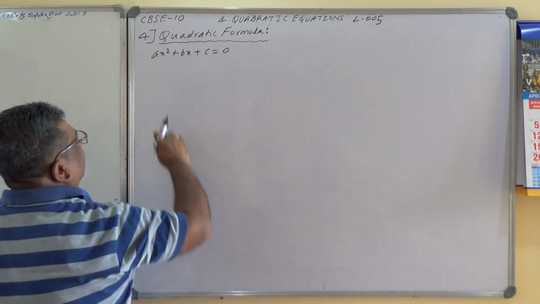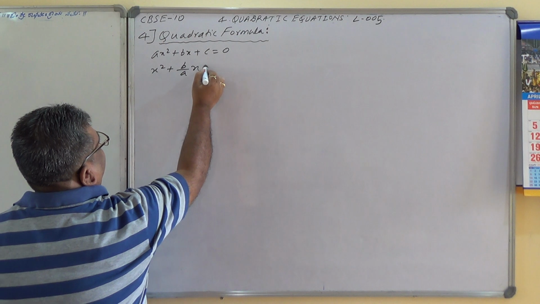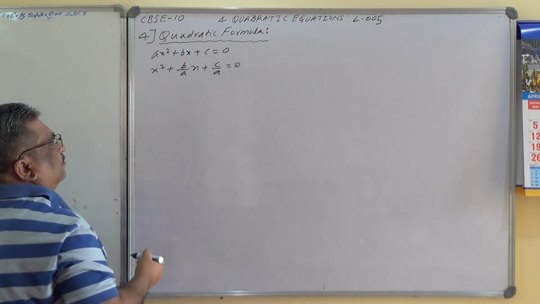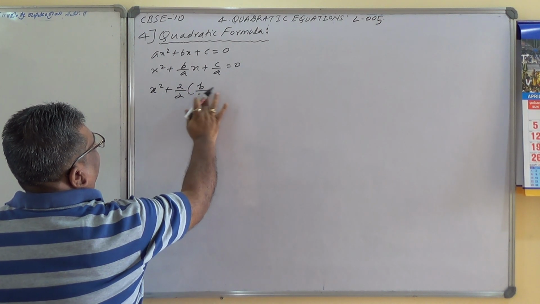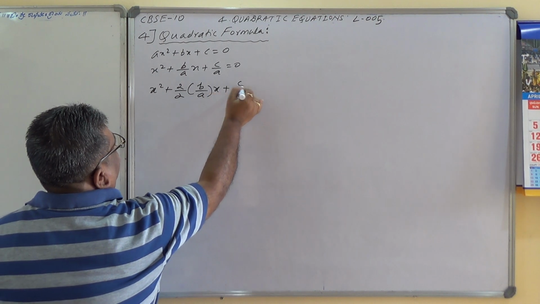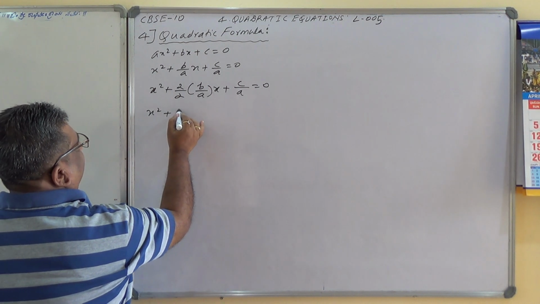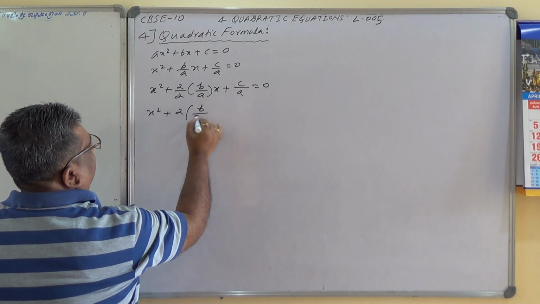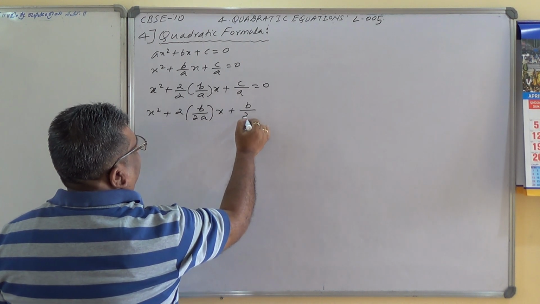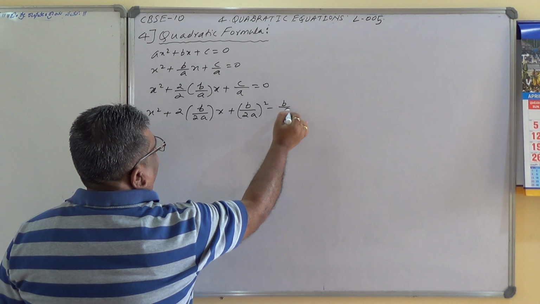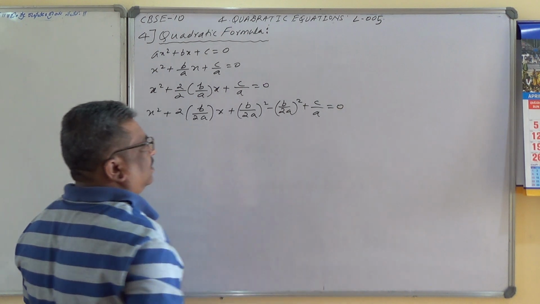Divide the whole equation by the coefficient of x square, that is a: x square plus b by a x plus c by a equals 0. x square plus 2 times b by 2a x plus c by a equals 0. x square plus 2 times b by 2a x plus b by 2a the whole square minus b by 2a the whole square plus c by a equals 0.